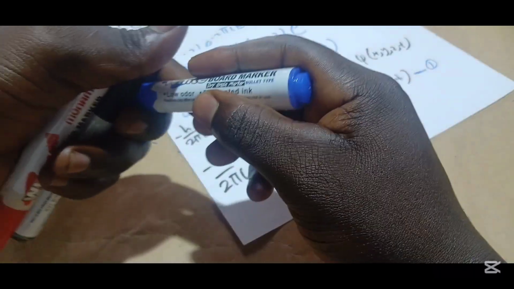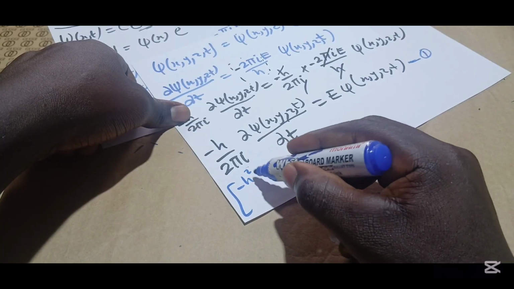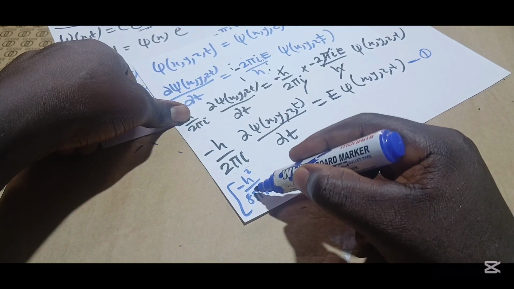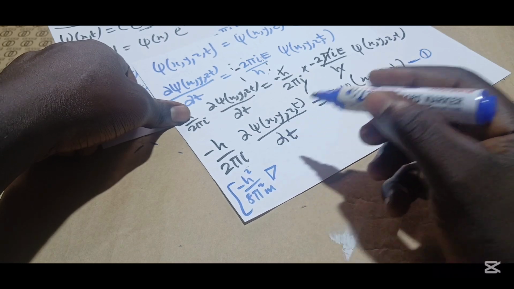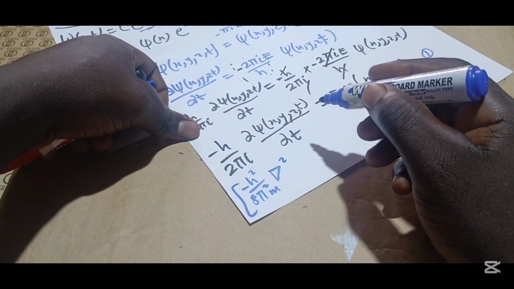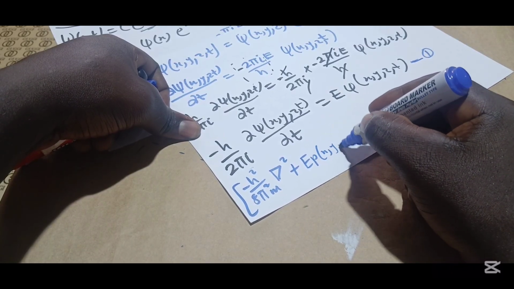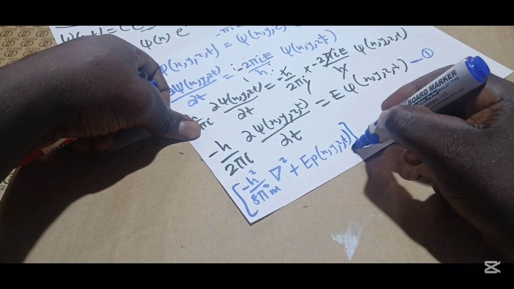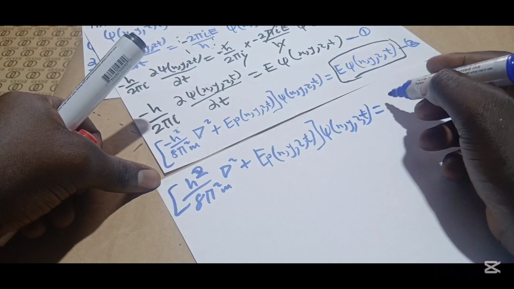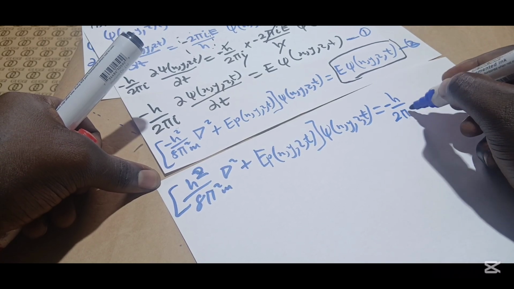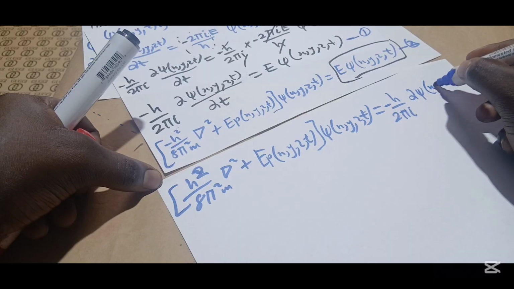So quoting it in terms of the Planck constant h will give us minus h squared over 8 pi squared m, the Laplacian, plus the potential energy EP of x, y, z, t, acting on the wave function psi of x, y, z, t, equal to the energy operator minus h over 2 pi i acting on the wave function changing with respect to time.